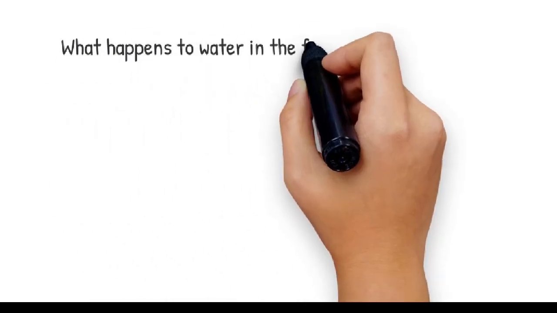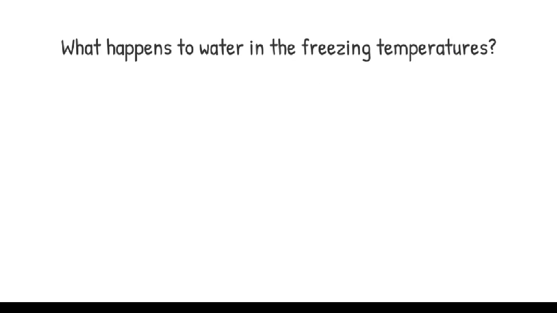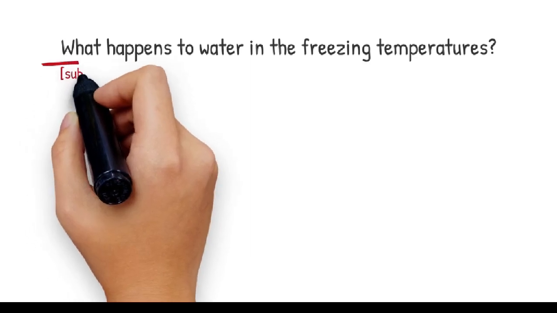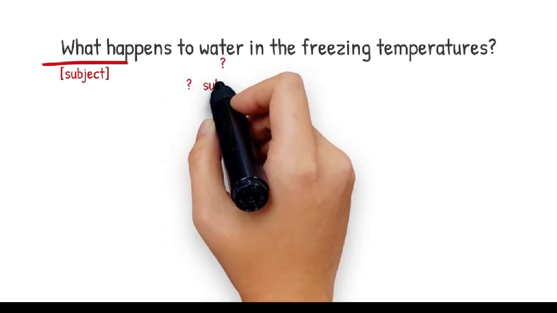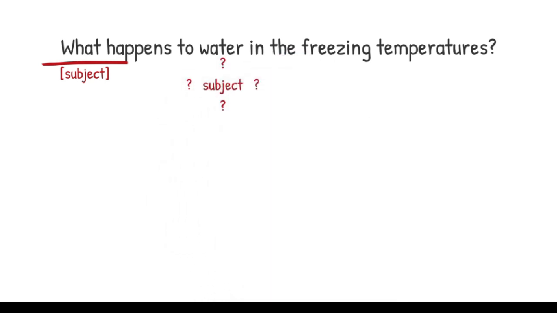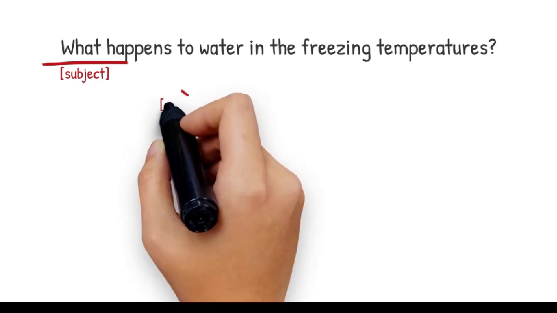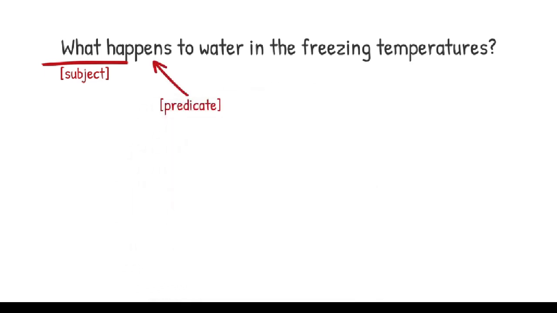Okay, another example. What happens to water in the freezing temperatures? Here, the subject is what? A lot of people make a mistake thinking that water is the subject. So let's check. The predicate is happens.